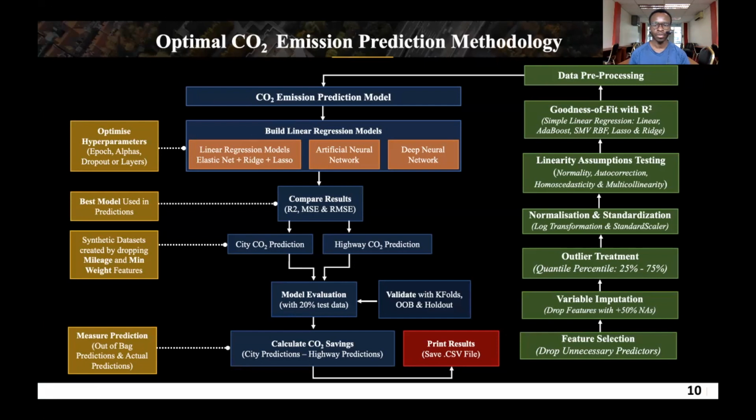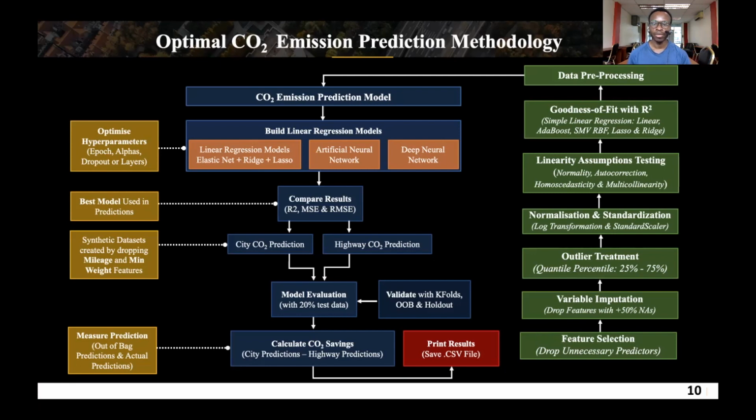For fuel, I had to do one-hot encoding to transform categorical data into numeric representation, dummy data. Outlier treatment involved the quantile percentile from 25 to 75%, so the data was trimmed through that to get rid of any noticeable outliers. Normalization and standardization was done through log transformation and StandardScaler using the scikit-learn library. I think I used pandas for log transformation.